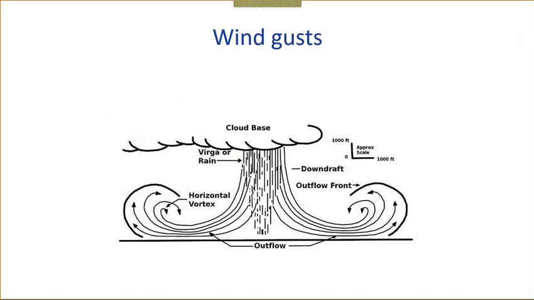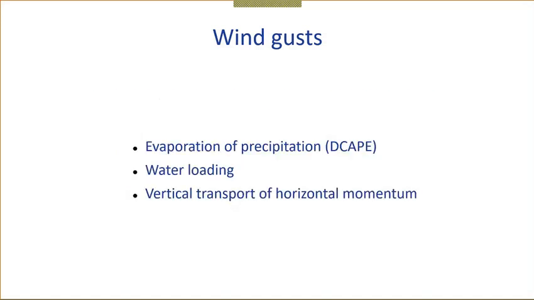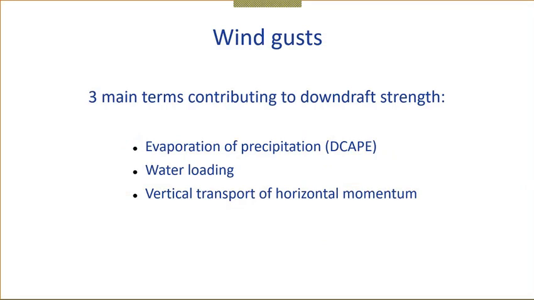If we start with the wind gusts produced by, let's say, a single storm, you can look at three main terms. That's the DCAPE, a term that depends on the amount of entrainment or evaporation.